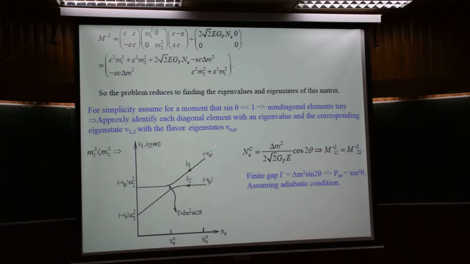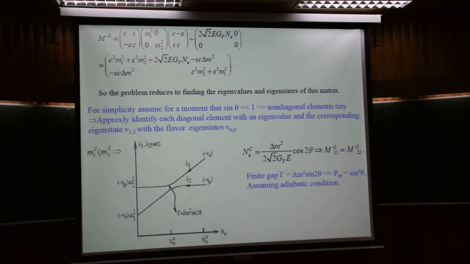You are producing nu e, which because of the assumption of small mixing angle is dominantly nu 1 with eigenvalue lambda 1. It is coming down and it is going out as nu 2. So nu e produced at the solar core is escaping as nu 2.